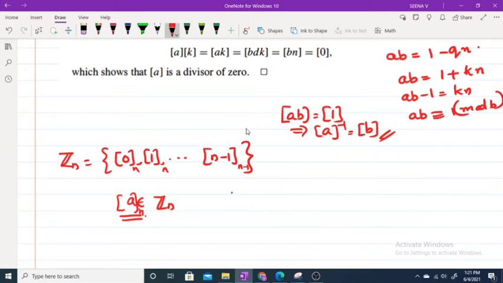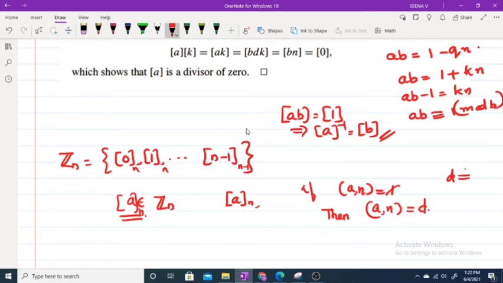If you consider a, if GCD of a and n is equal to 1, then a is relatively prime to n. That means it has a multiplicative inverse. Suppose this GCD is not equal to 1. That means GCD of a and n equals d, where d is not equal to 1. So what do we have?